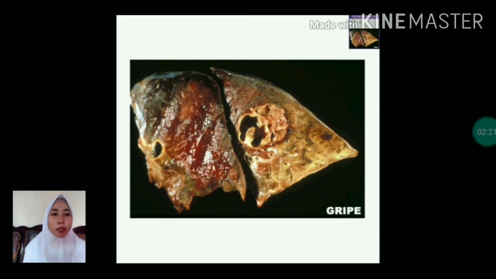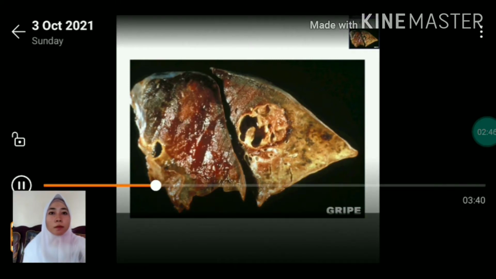It has the appearance of being more edematous and consolidated, rather than air-filled. You could appreciate that here and here and here, which you would expect, that if you were to squeeze it with your hand, you wouldn't find many air bubbles. So it is less crepitant than normal, or it would be what pathologists call consolidated.